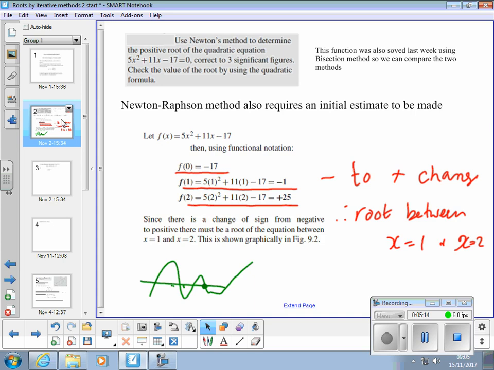You might have more than two. Could have three roots. Just depends how it sits. If that was a sine function, or a partial sine function that was fading away, you could have a considerable number of roots, couldn't you? All right. So we start off from finding an initial estimate, like we did for the bisection rule.